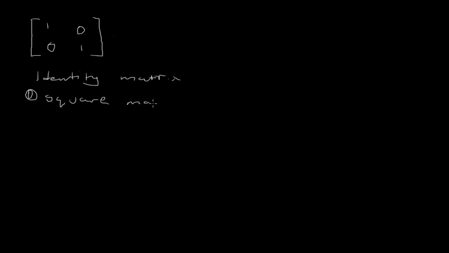Secondly, it should only have zeros and ones. Then the third and very, very important condition is that the ones should be arranged in a diagonal. So ones should be diagonal.